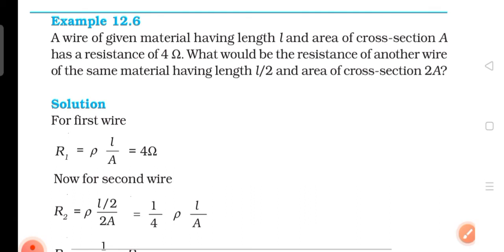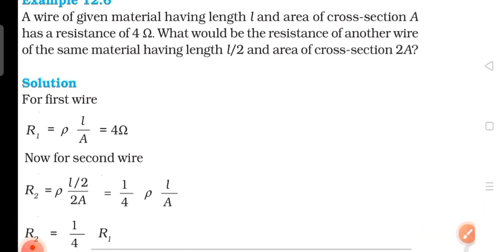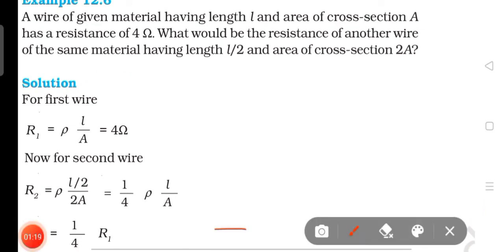For the first wire, resistance is rho into L by A, that is 4 ohm. Resistance is given here as 4 ohm. Now for the second wire, it is asking for the resistance of the second wire.